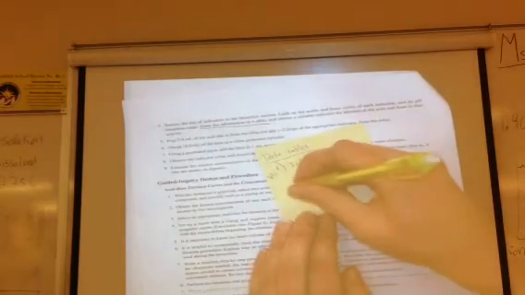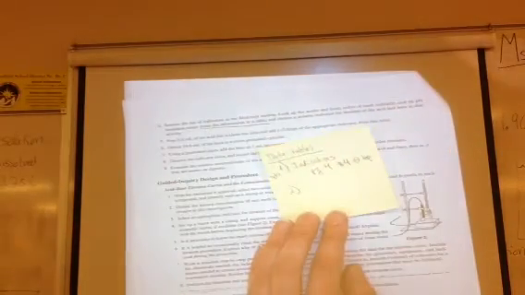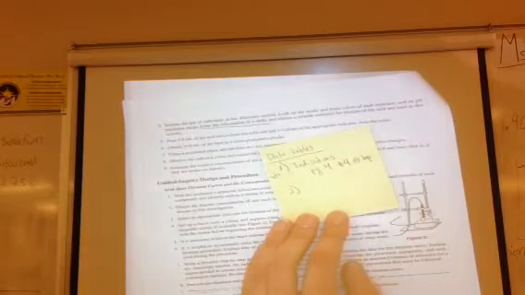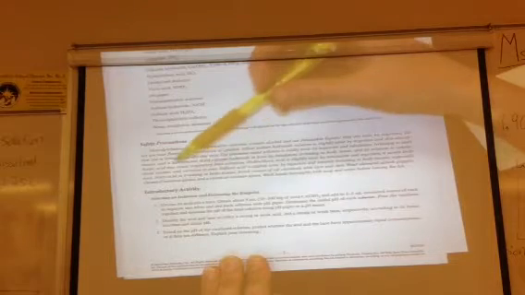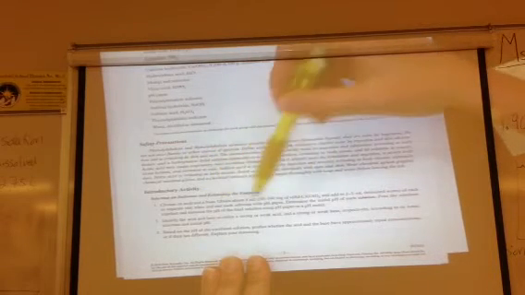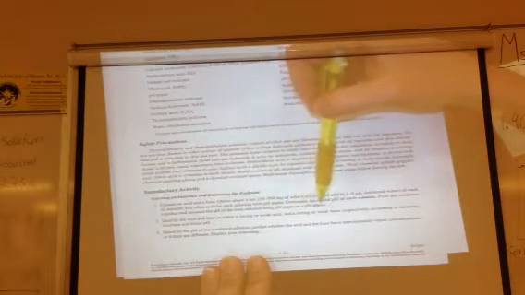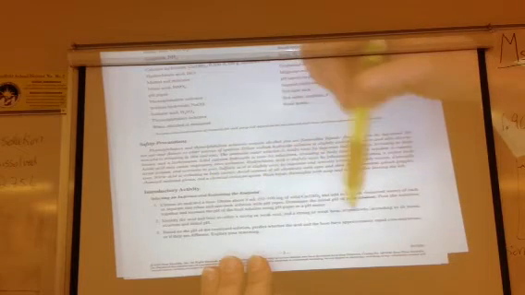The second data table is the one that you use to collect the pHs that we did in our introductory activity. So for example, in the introductory activity, you want to find the pH of the acid and the pH of the base, pour them together and do the pH of that.